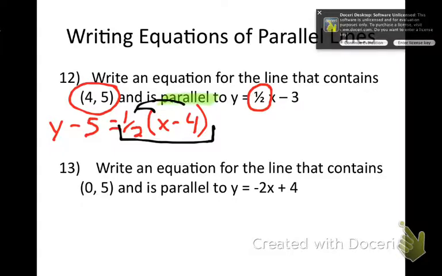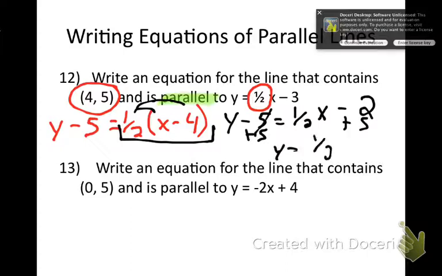So I distribute, getting me y minus 5 equals 1/2 x minus 2. Now I just need to solve for y, so I'm going to add 5 to both sides. And I get my equation, y equals 1/2 x plus 3. And if you check, my slopes are still the same. They are parallel lines.